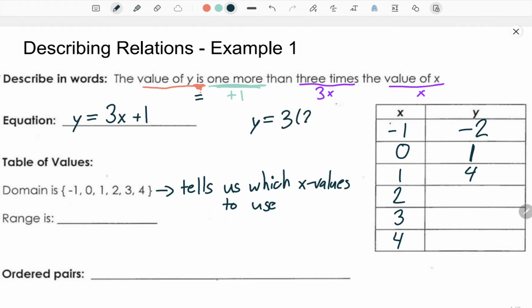So next is 3 times 2. Again, we're just taking whatever number is in our table and writing it up here instead of x in our equation, plus 1. So 3 times 2 plus 1, 6 plus 1, which is just 7. So that's going to go there.